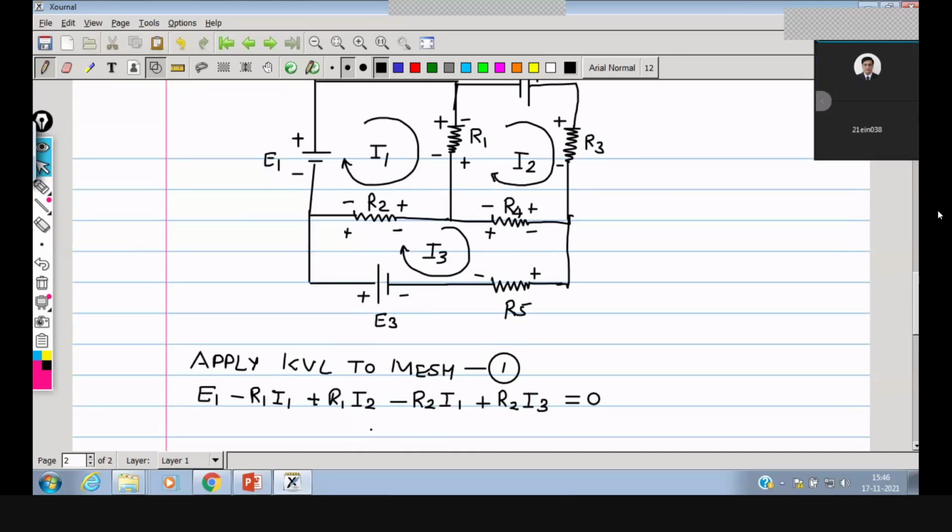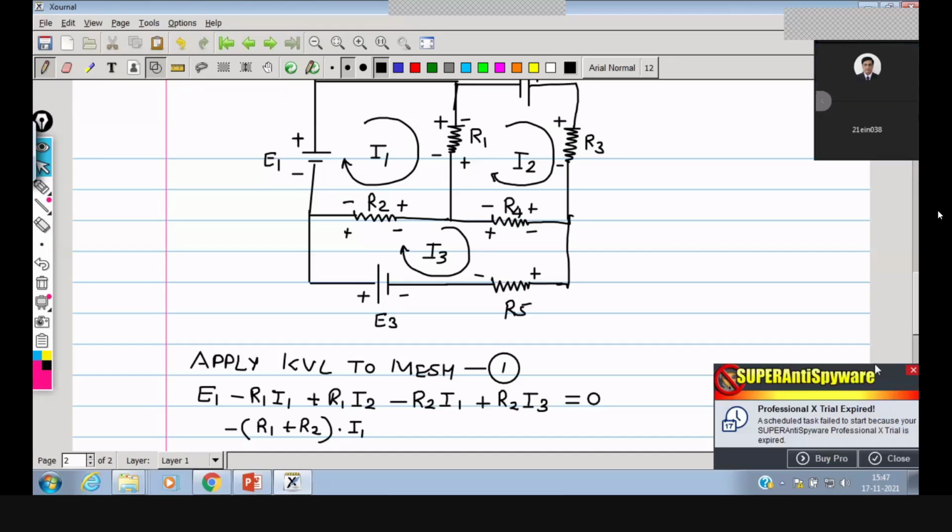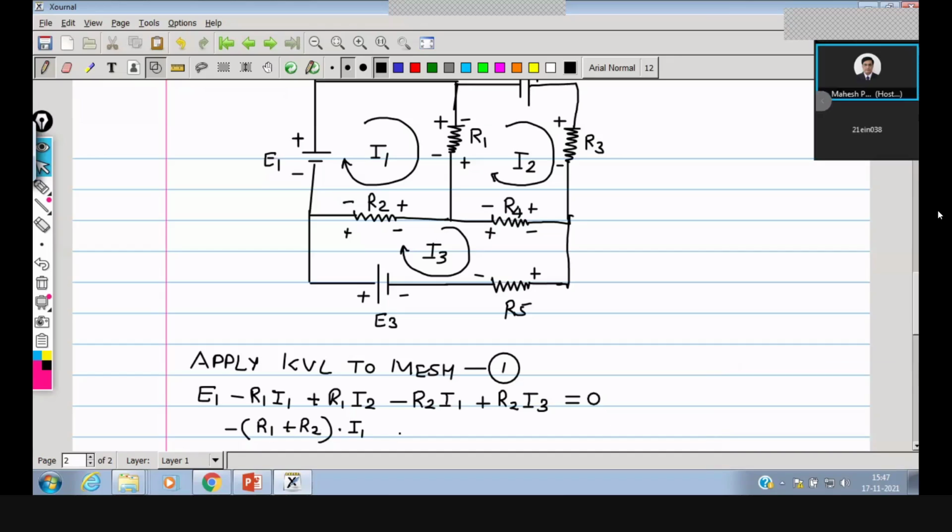Okay, fine. Now here we can rearrange the different terms. So here you can see I1 current. So we will write minus (R1 plus R2) into I1. These two terms are mentioned already. Now we will write the term of current I2.